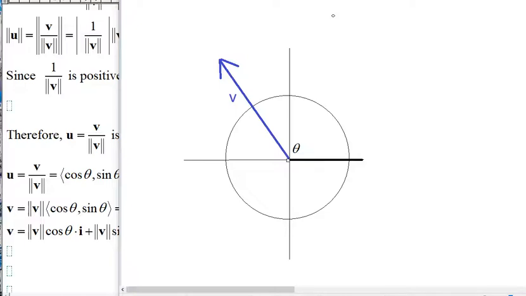And if we have a vector that ends up in the second quadrant like this, then the angle theta will be from the positive x-axis to the vector, so from here to here.